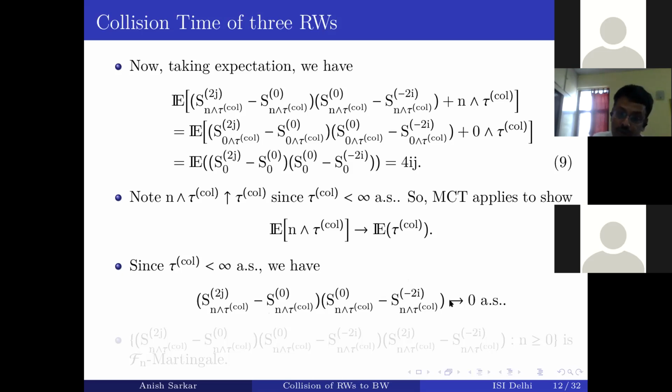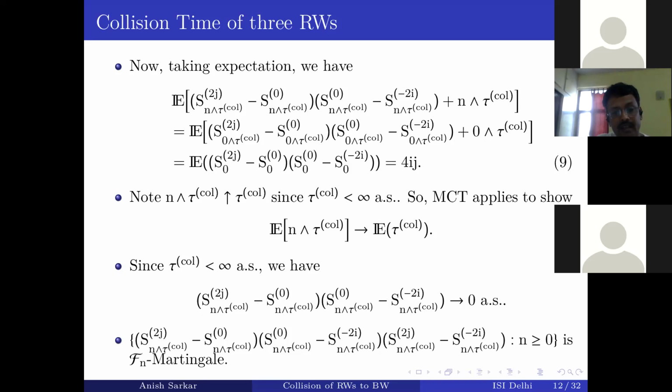So this goes to zero almost surely. Now I need to interchange limit and expectation. Here I have used MCT; here you have to use something else, and this is where the second martingale will come.